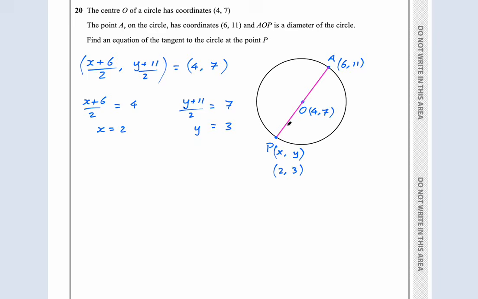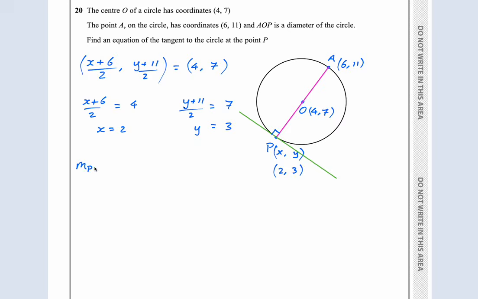Now, the tangent to the circle, guys, is a line that looks like, well, it actually doesn't look like that at all. The tangent to the circle looks like that. Now the key point to the tangent of the circle is that this is a right angle. So what I'm going to do is get the gradient of PO.